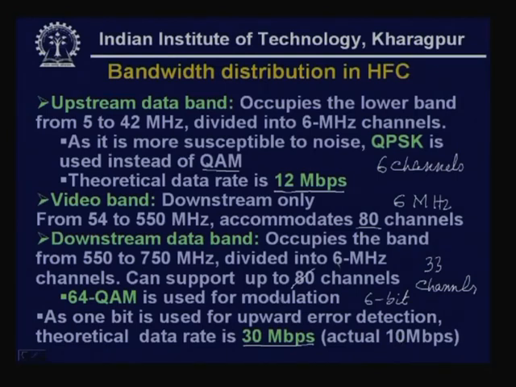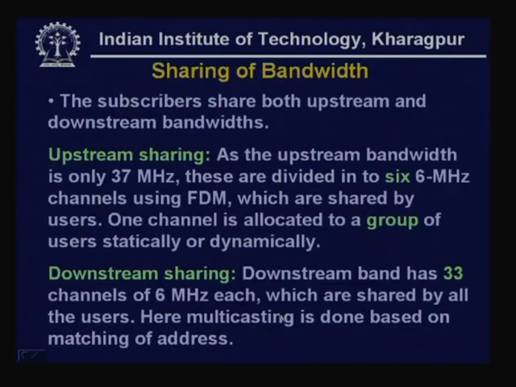So, we have seen how the 3 bands are used and how they are modulated by using QPSK and QAM. And obviously, the data that is being sent in either the upstream or downstream direction is shared.